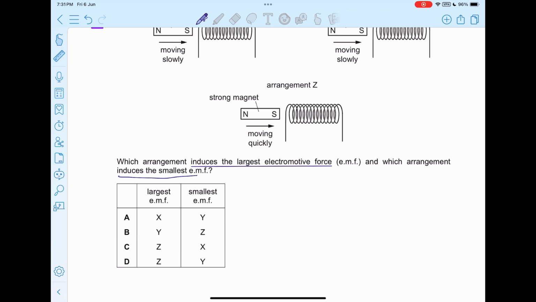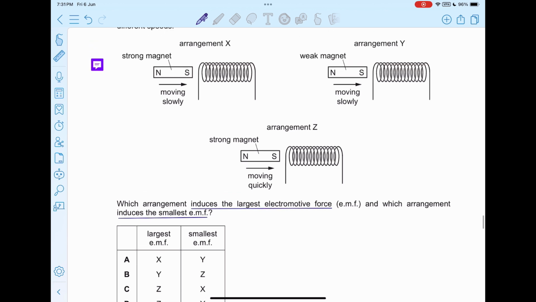So they want the arrangement that induces the largest electromotive force, EMF, and the smallest EMF. To get a strong EMF, it has to be a strong magnet that moves quickly. And for the smallest EMF, it has to be a weak magnet moving slowly.